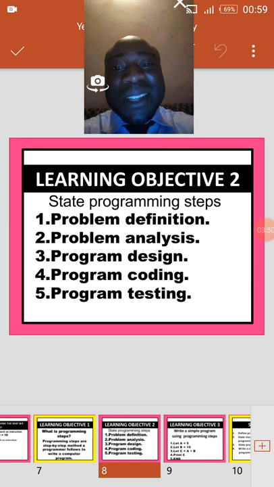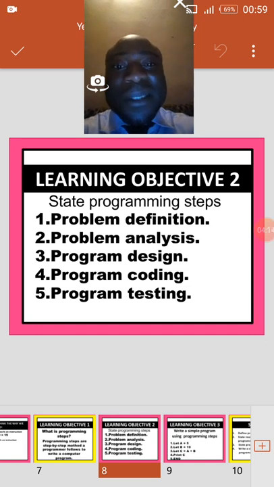Program coding. And 5. Program testing. Now, what do we mean by problem definition? Problem definition is where a computer programmer identifies the problem. For example, the problem may be you want to add two numbers, 2 plus 3, which the answer is 5.